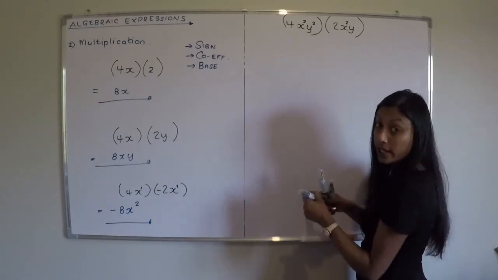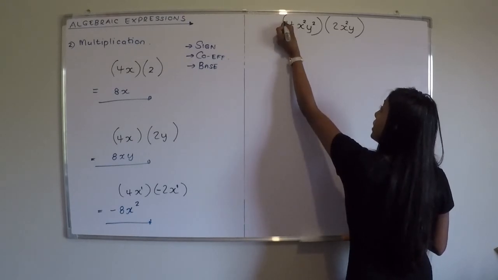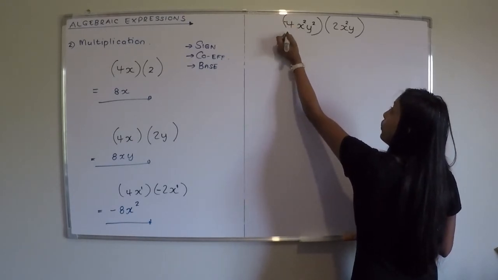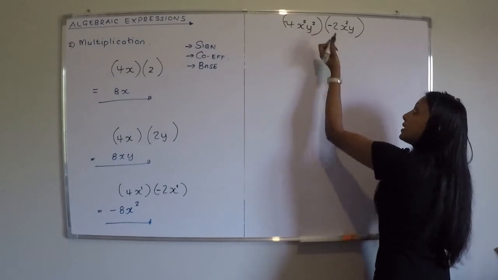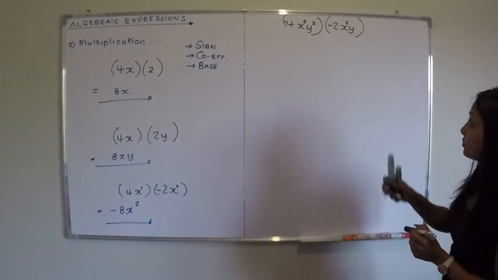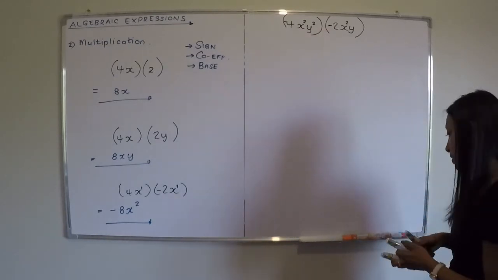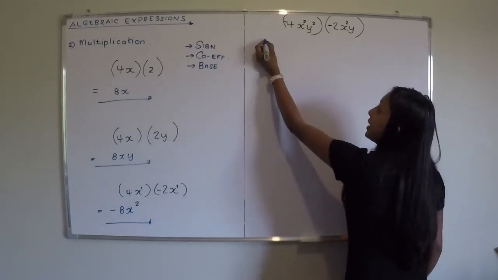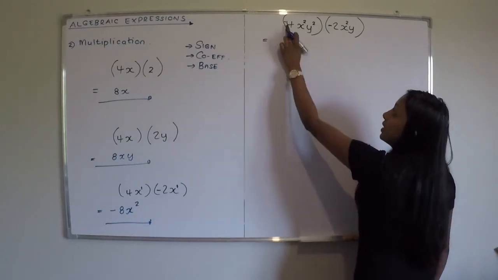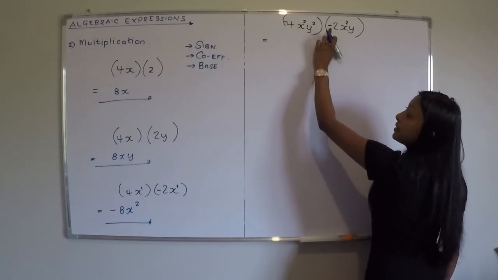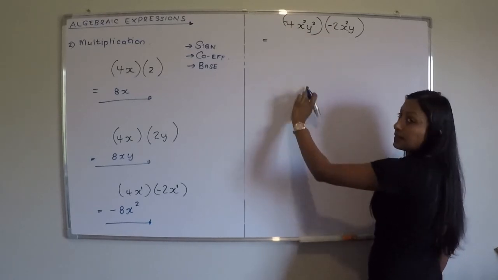Let's look at this last one here. And again, I'm going to change the question, make it more interesting. I'm going to make that a -4, and I'm going to make that a -2. So we have a lot of bases happening here. Let's go together. Sign, coefficients, base. A minus times a minus gives you a plus.